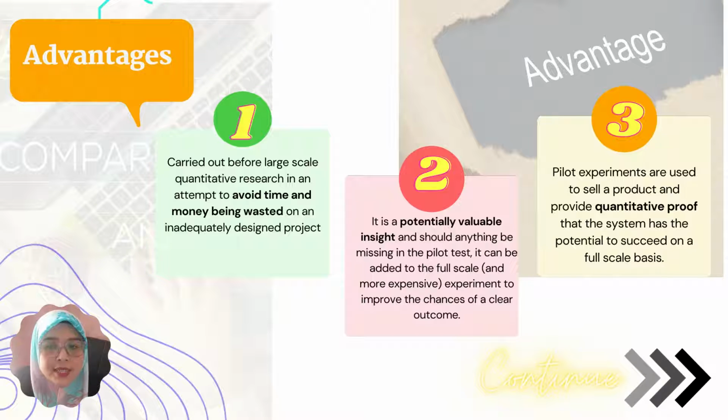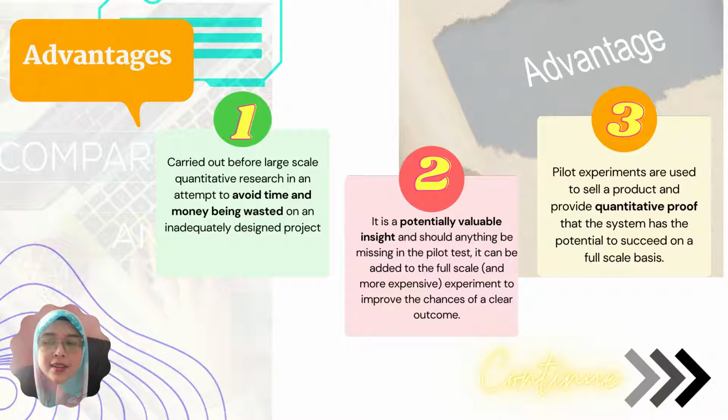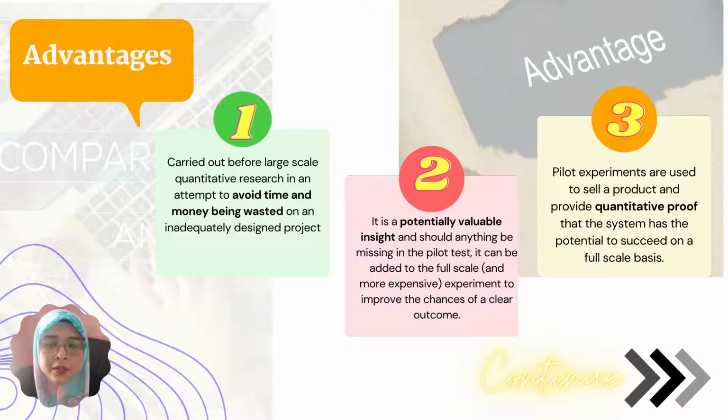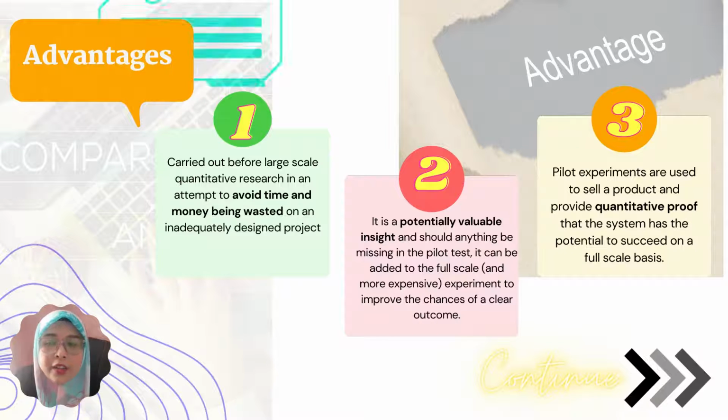The first one is that it is carried out before the full-scale quantitative research in an attempt to avoid time and money being wasted on an inadequately designed project. The second one is potentially valuable insight, and should anything be missing in the pilot test, it can be added to the full-scale experiment to improve the chance of a clear outcome.